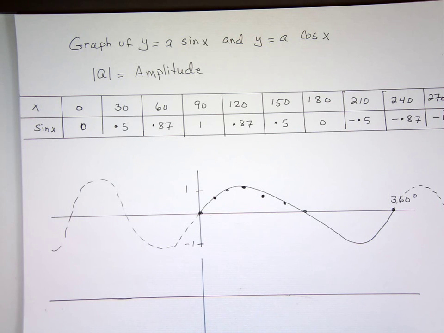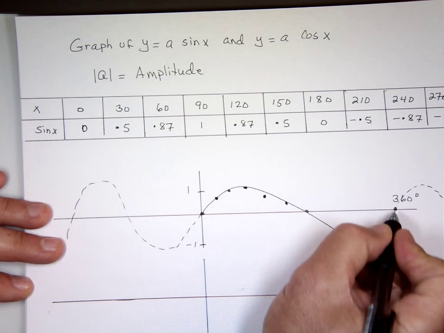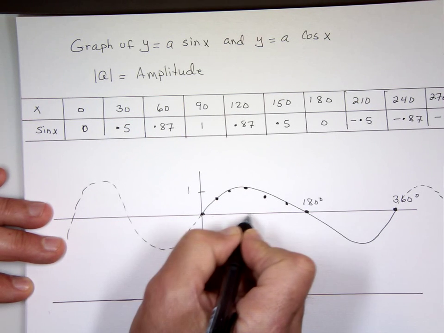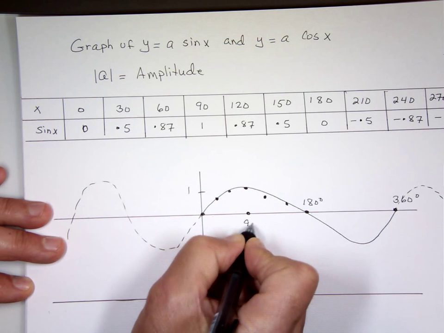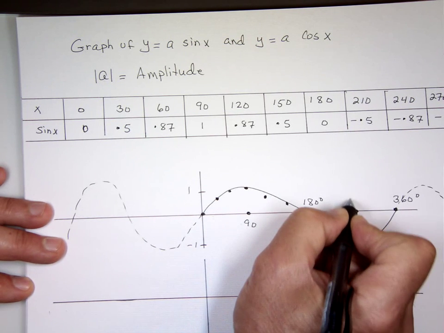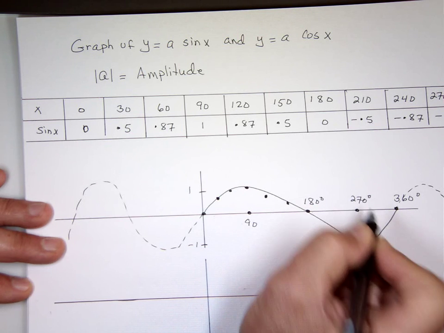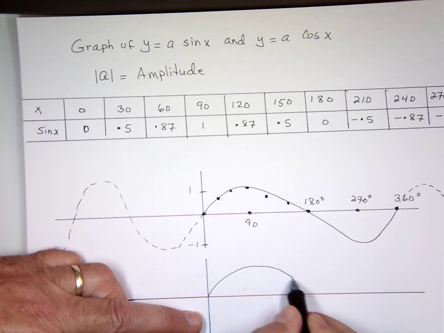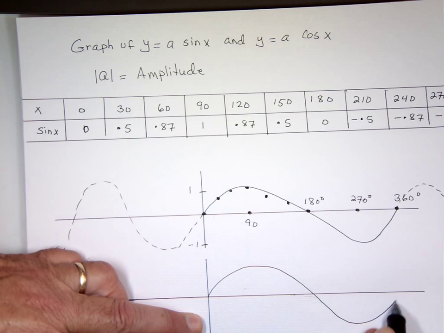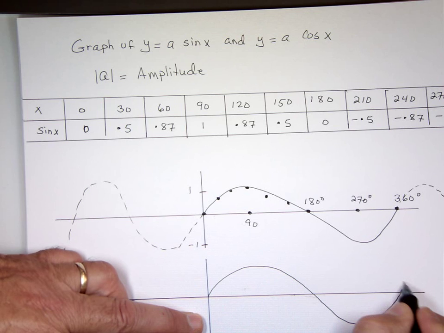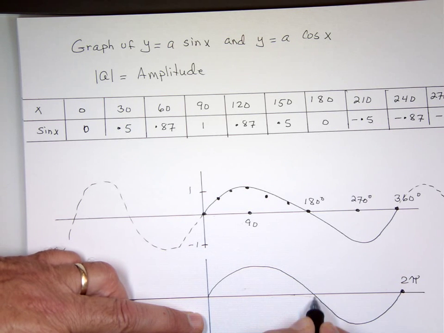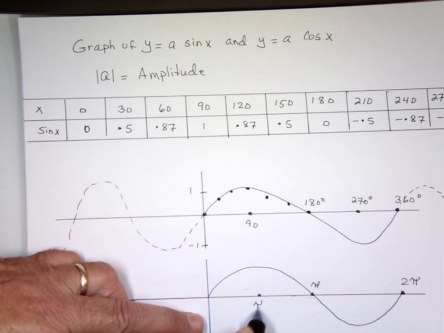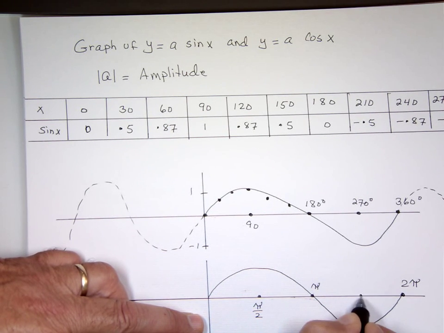If you want to graph it in radian, so this is really 360. This is the 180 degrees. This is the 90, the peak is the 90 degrees, and the lowest value is the 270. If I graph that in radian, again, this is 2 pi, this is pi, 180 is pi, this is pi over 2, and this is 3 pi over 2.